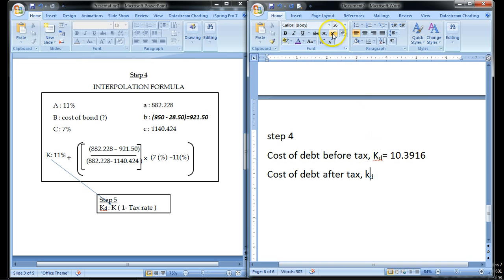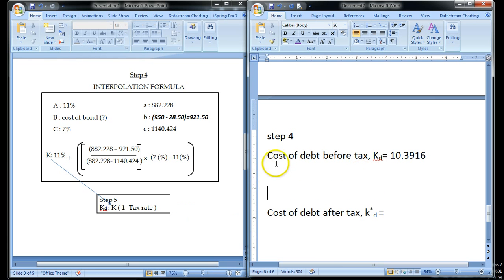All right, how to find cost of debt after tax class? Simple. Use step 5.